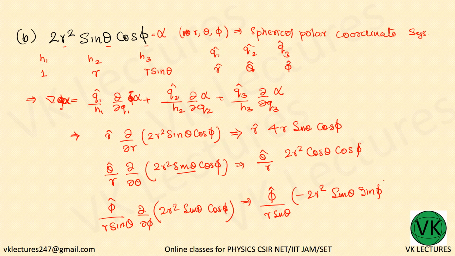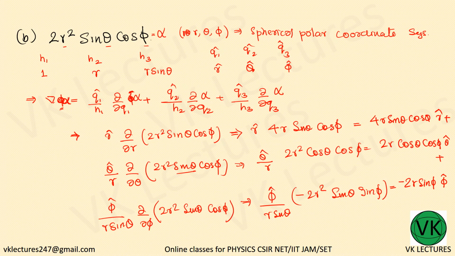Now this is what you have. Now this you have to divide. So that is 4r sine theta cos phi r cap plus, this r and r get cancelled, 2r cos theta cos phi theta cap plus, this one r sin theta will get cancelled, so minus 2r sin phi phi cap.